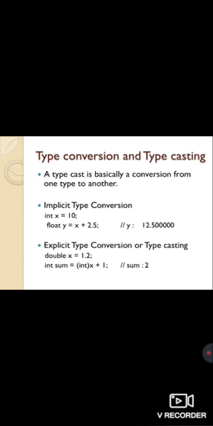So the value 1.2 is now narrowed or typecasted to the integer 1. So 1 + 1, so 2. As a result, it is stored into the variable sum.